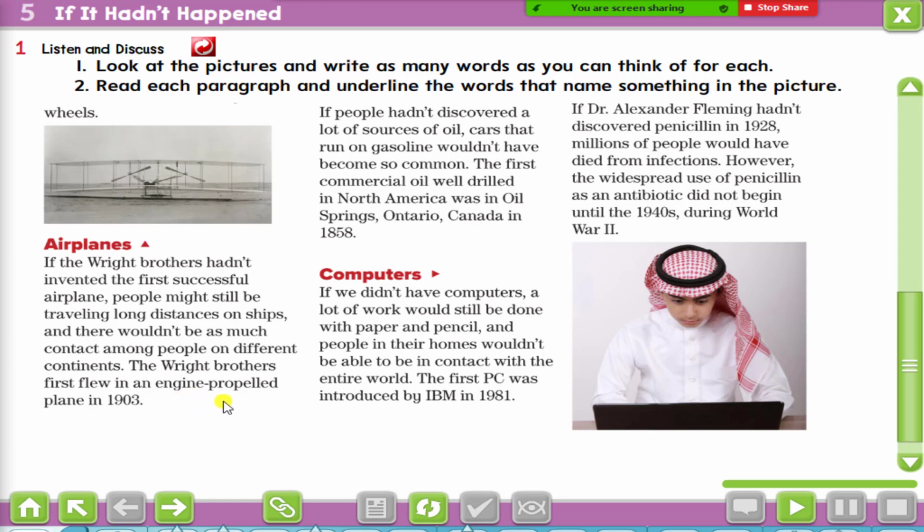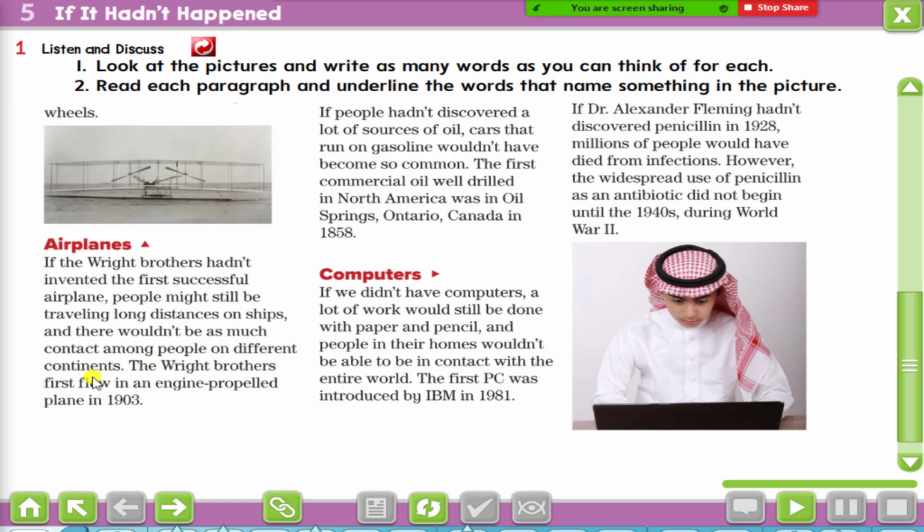Okay, thank you, Ayman. The words engine-propelled plane. Engine, you know engine, like the engine of the car. Engine-propelled means the engine pushed or moved the plane. The Wright brothers are the first people to invent this engine and try to fly.